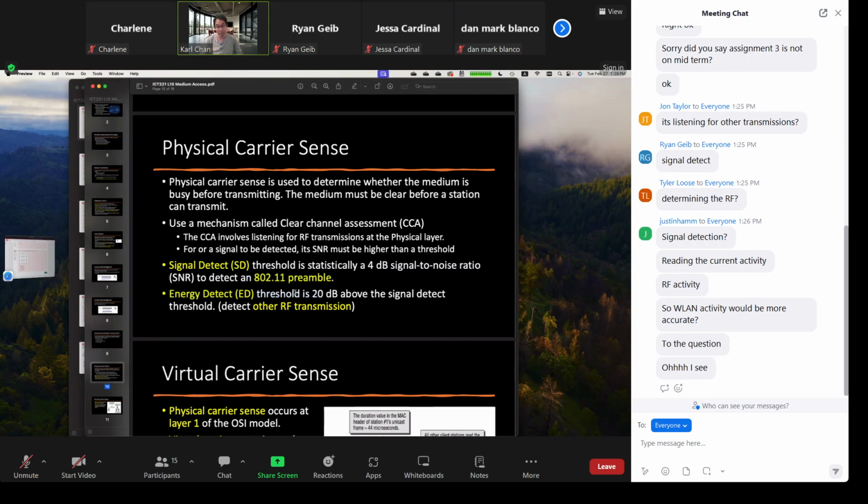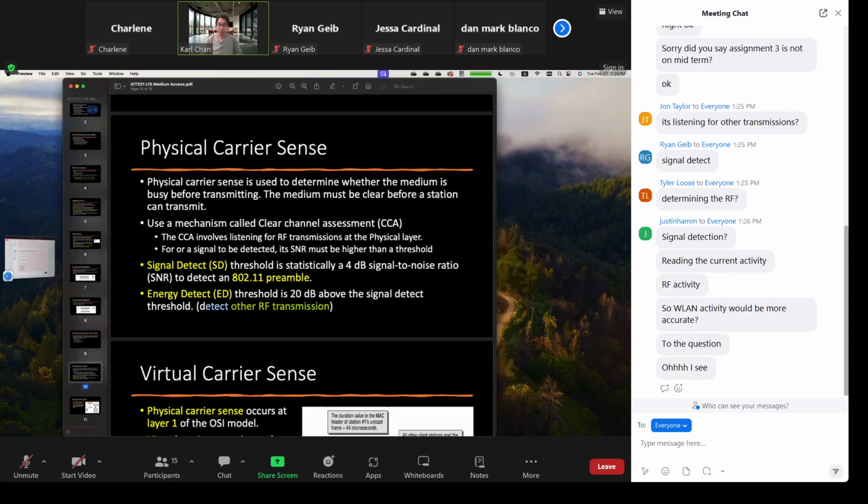But how about if you have another device which is not a wireless LAN device but is transmitting with a high level of signal? The transmitter cannot transmit at that moment, because the signal to noise ratio is too low. The noise level is relatively too high.